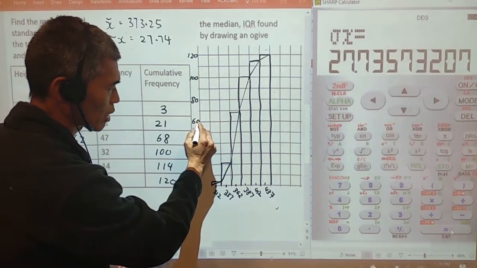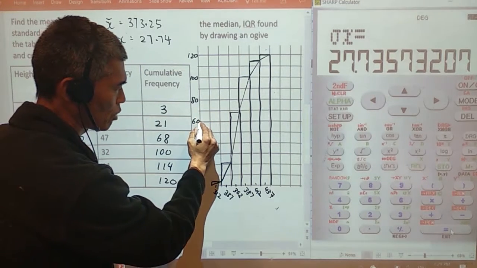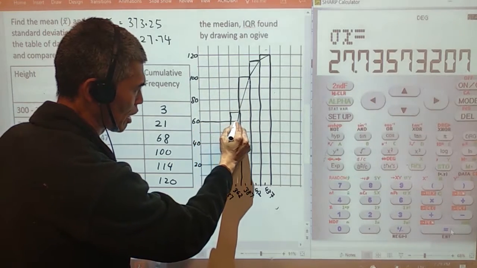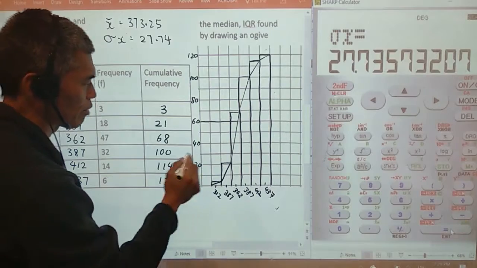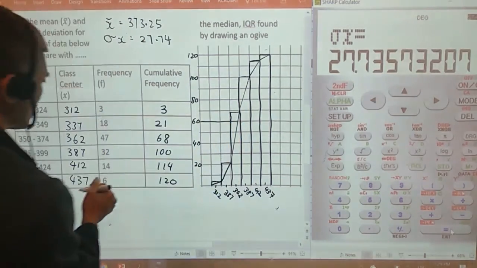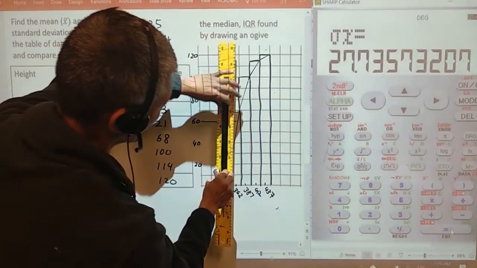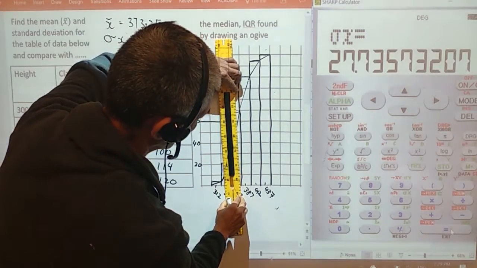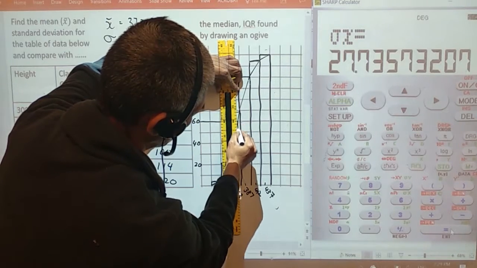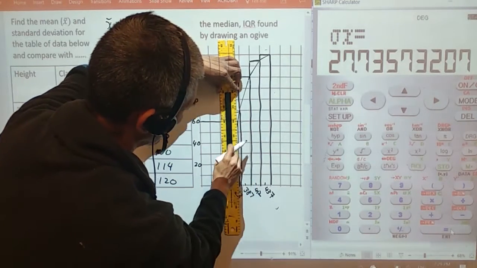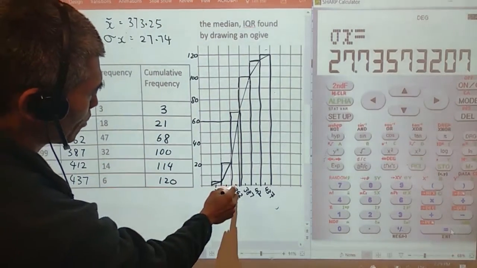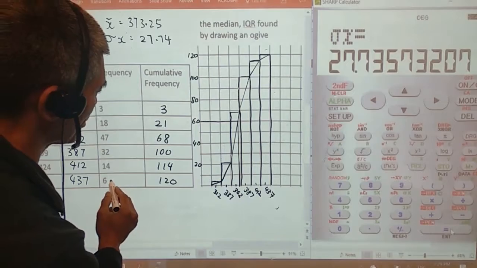So looking at 60, we produce a horizontal line and draw it towards the ogive. And from where the ogive is, we drop a vertical line downwards right here.